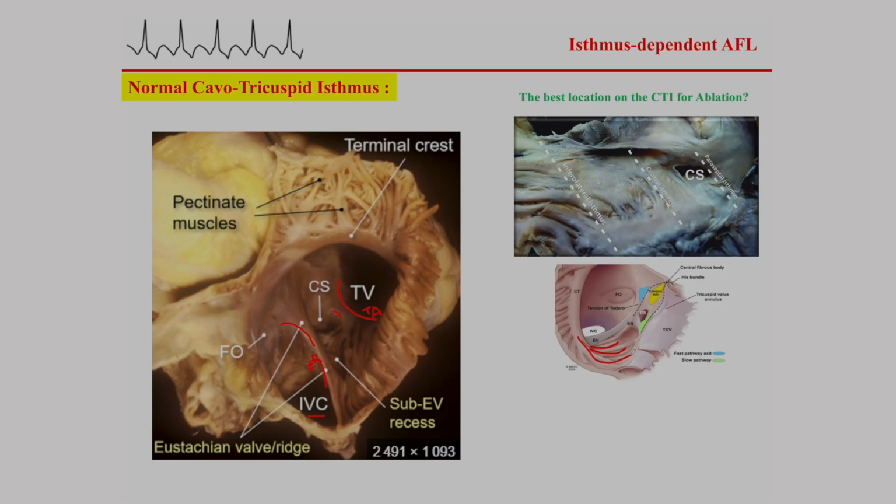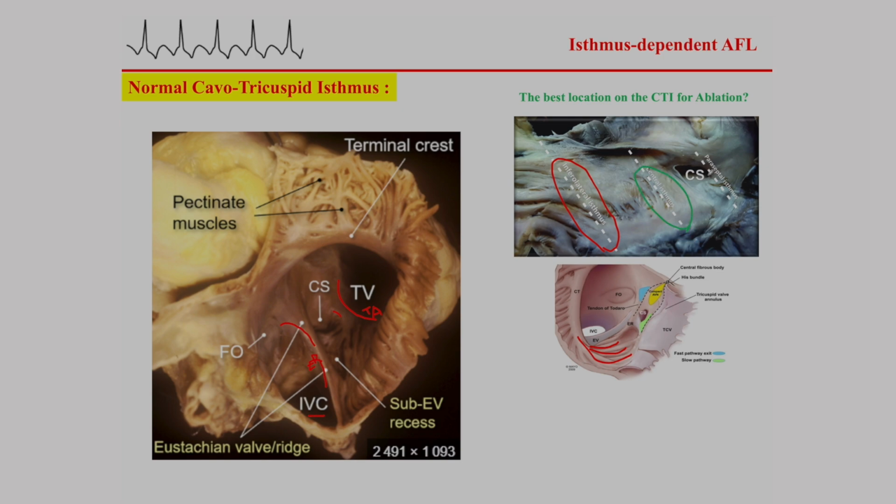So clearly we can conclude that the inferolateral isthmus is not really the ideal area for ablation. We still have the central isthmus, which is the thinnest one, and the paraseptal isthmus, which is the shorter one.